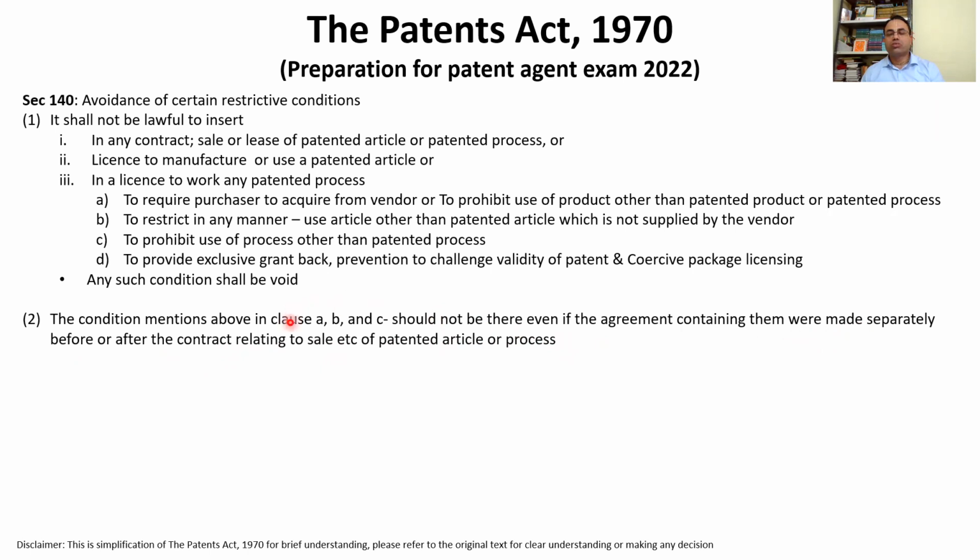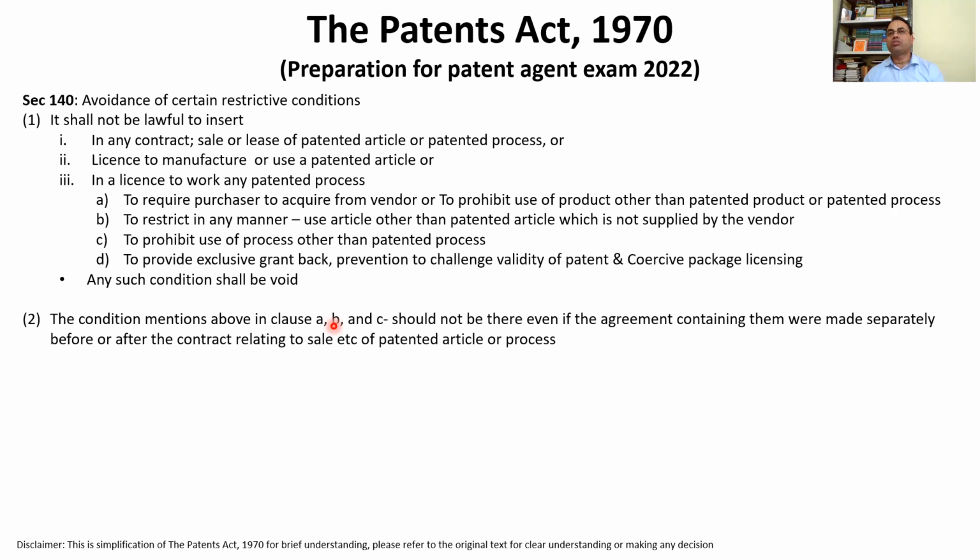Okay, so suppose we are not talking about the patented article, but before the patented article, I had an agreement with someone that you have to take the tires from me, you have to take the car coating from me only. And now when I get the patent for the car body, I cannot say that because this agreement of taking tires and coating was made before the patented article, and now it gets combined together.